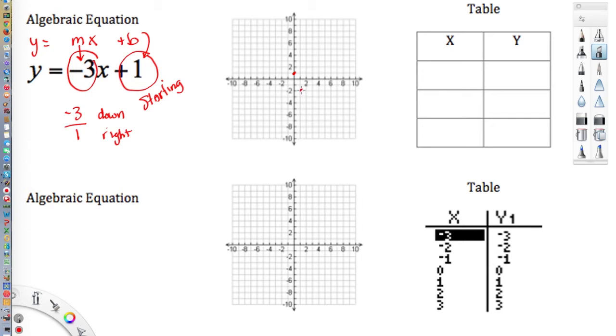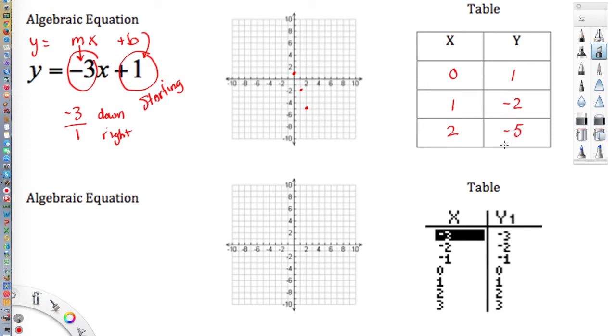Then from that point, I go down 3, which would take me to negative 5, and 1 to the right, which would take me to 2. And there are my points. In fact, I can graph them. So when x is 0, y is going to be 1. When x is 1, y is going to be a negative 2. When x is 2, y is going to be a negative 5.